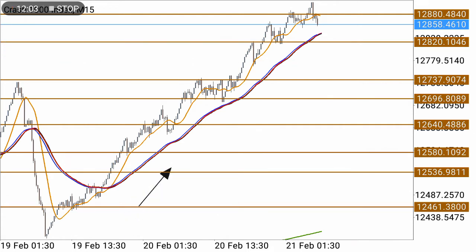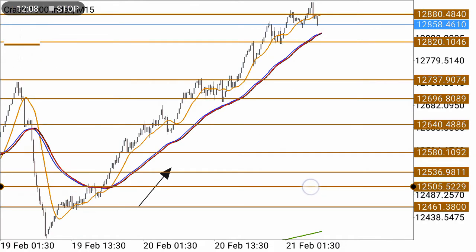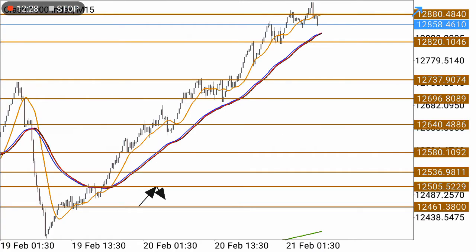Okay, but before going up, the market had touched this level and sometimes retraces to this area and will come back to this resistance. Okay, and again the market wants to go up, so from this level, once the market retraced a little bit, it goes up to a new high, a new support and new resistance.